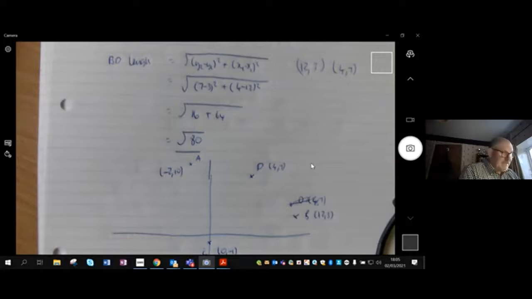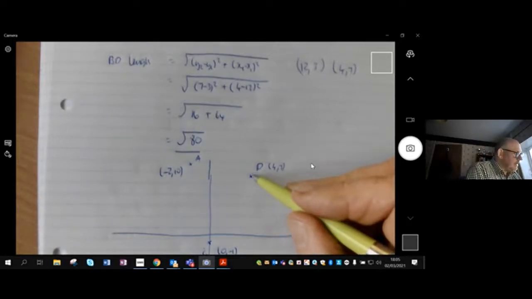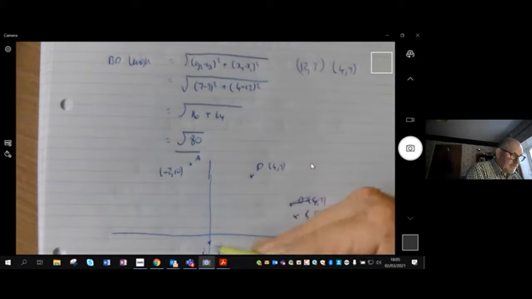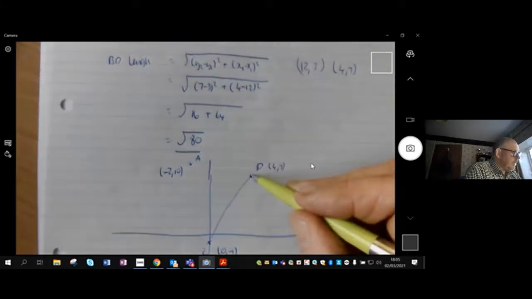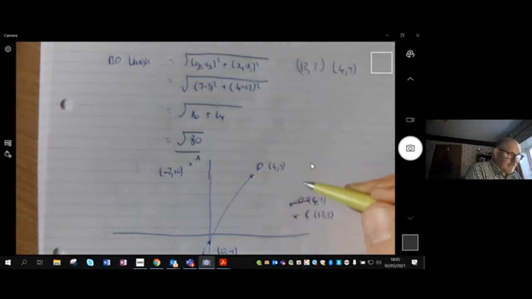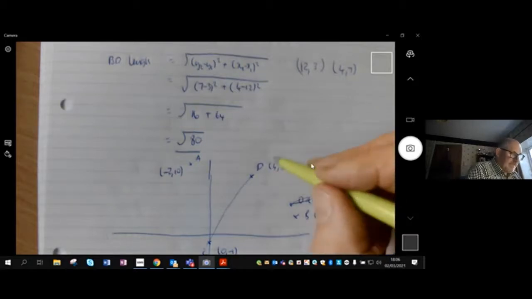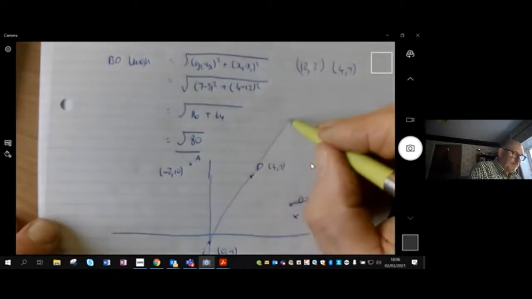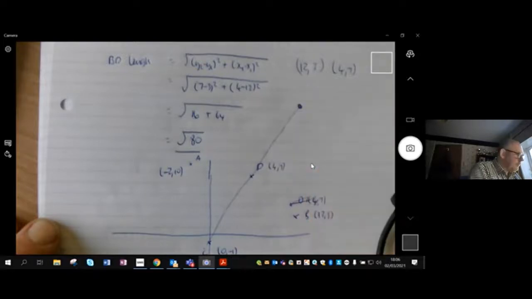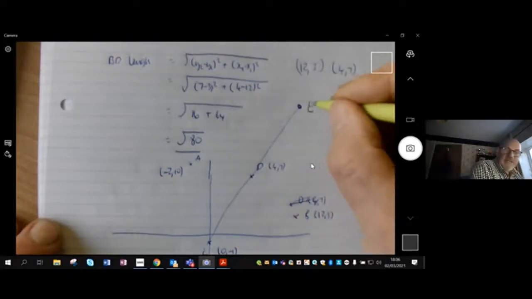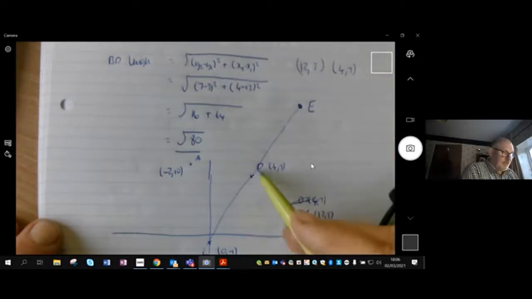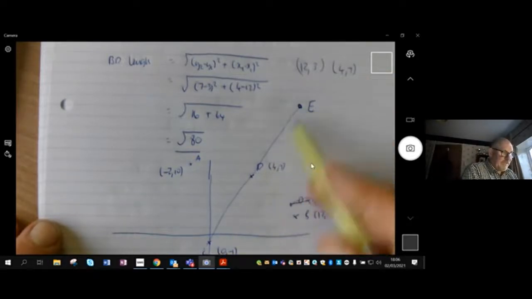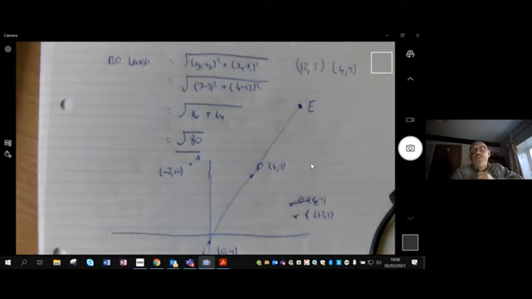Now, CD is extended to E, so D is the midpoint of CE. Aha. So there's the point E up there. So D is the midpoint of CE. Now, this is a very common question.